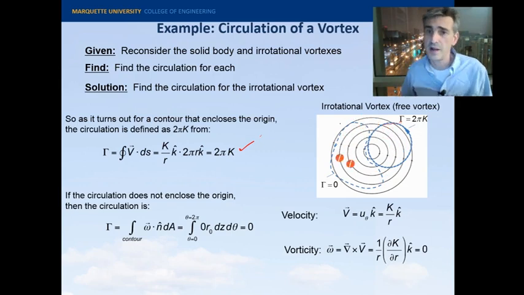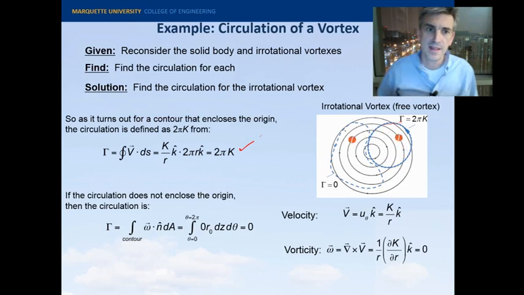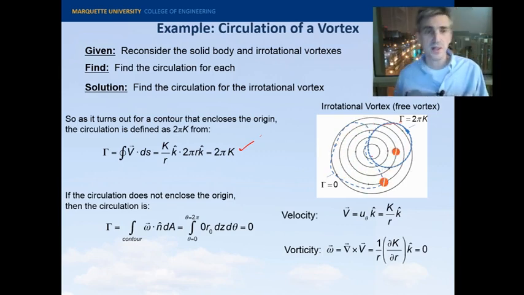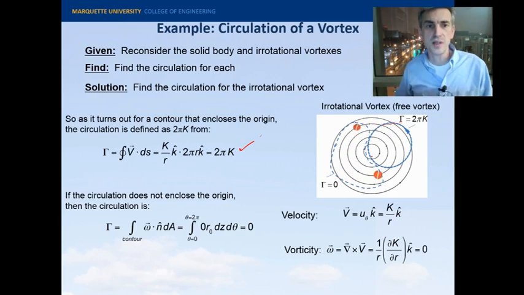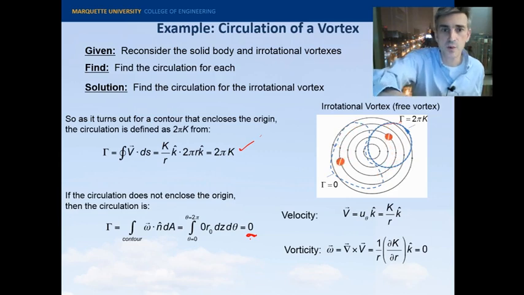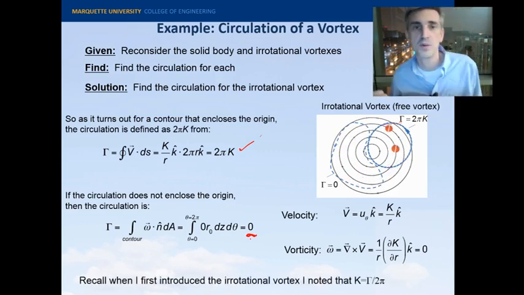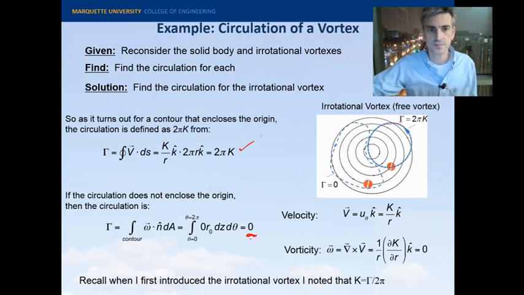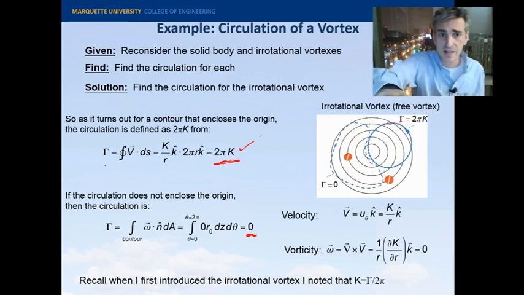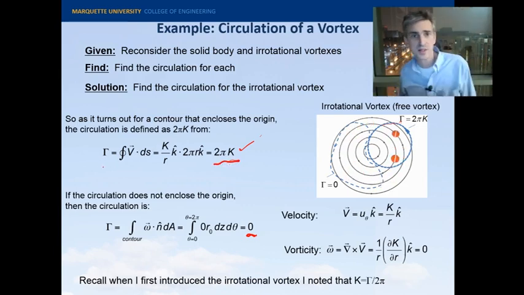And if you recall, when I first introduced the irrotational vortex, I said that some authors like to report the velocity for the irrotational vortex as k over r, like this right here, and some authors like to report it as gamma over 2 pi r. So they're the same, and you can see where these definitions come from.